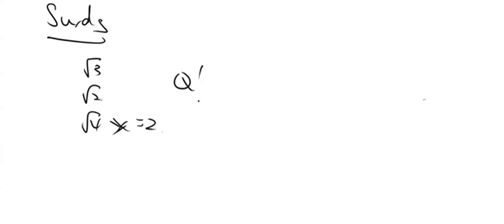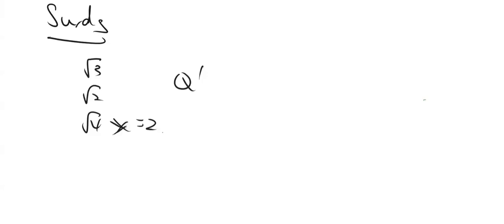Root 3, you just can't write it as a fraction with the numerator and denominator being integers. And if you were to put it in a calculator, root 3 is what you call a non-terminating decimal. You'll find that with it.